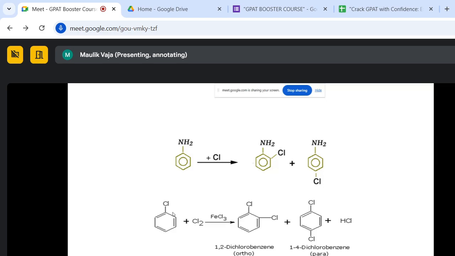Electron withdrawing is because of the inductive effect, and ortho para direction is because of the resonating effect.